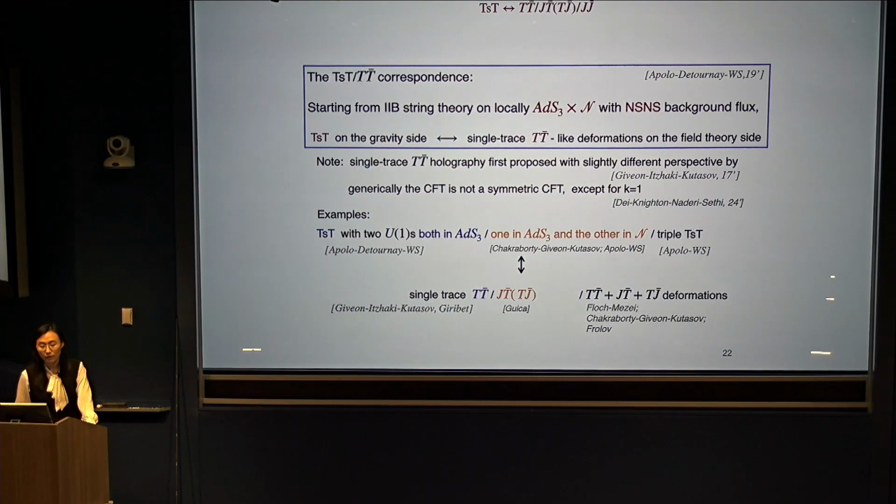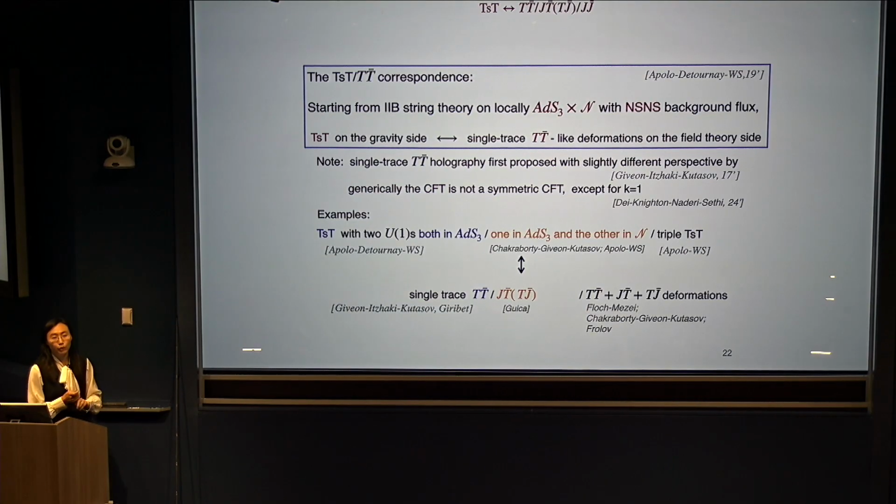For instance, if we do the TsT transformation along the two null directions in AdS₃, we get this linear dilaton background, and the proposal is that it's related to single trace TTbar deformation.